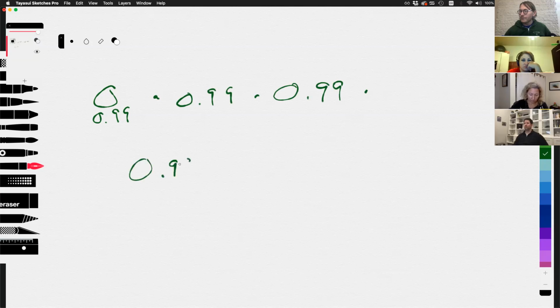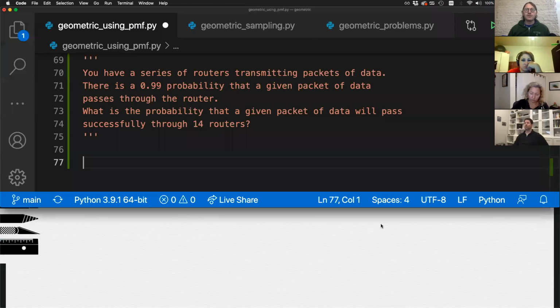And ultimately, this is 0.99 to the 14th power. So it's a little bit of a trick question here.